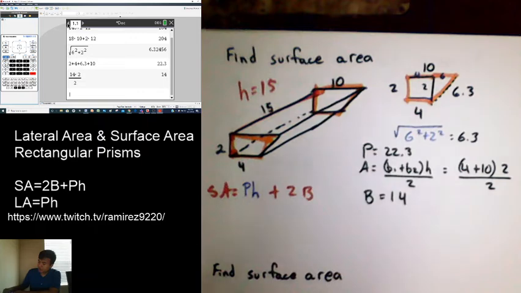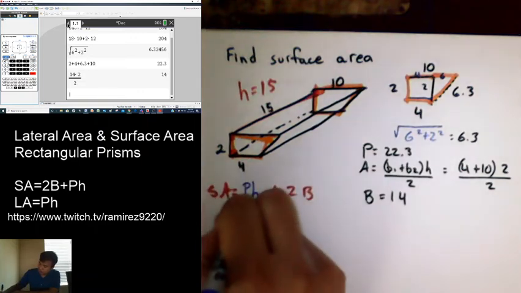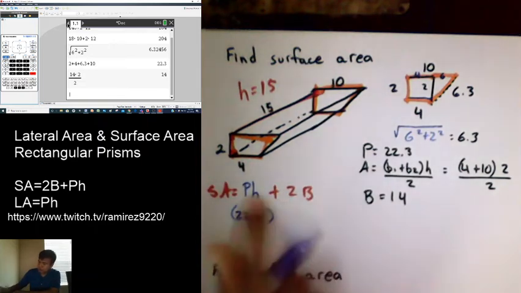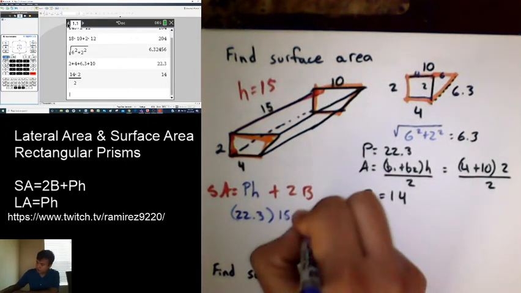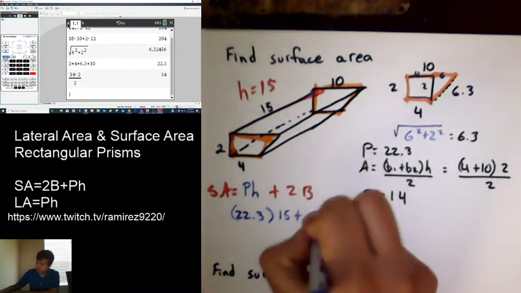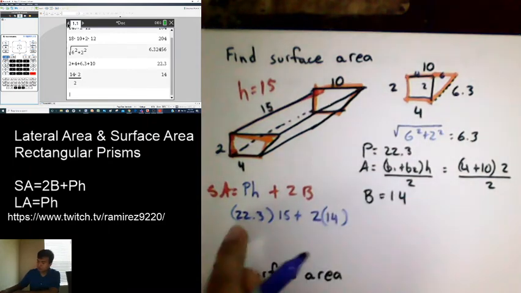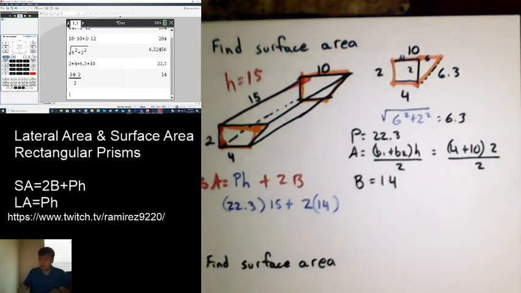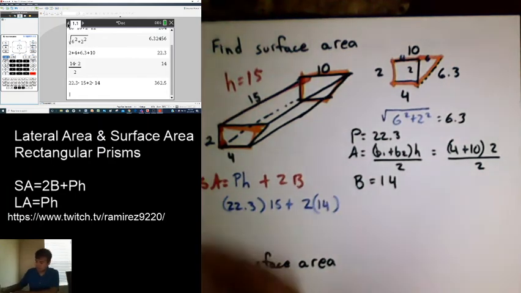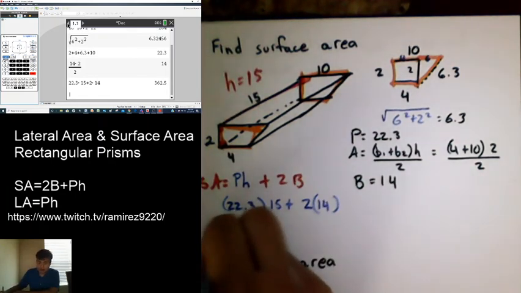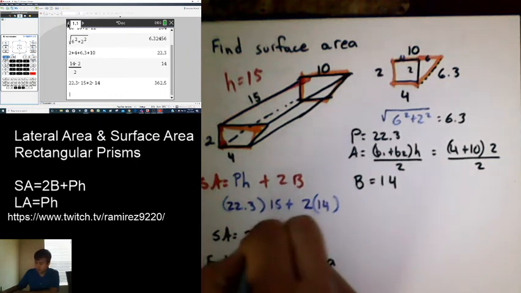So my perimeter is 22.3. Again, this h is the height of the prism, plus 2 times b, 2 times 14. At this point, I'm just substituting. So 22.3 times 15 plus 2 times 14. And so the surface area is 362.5.